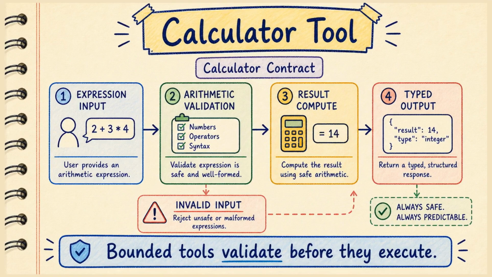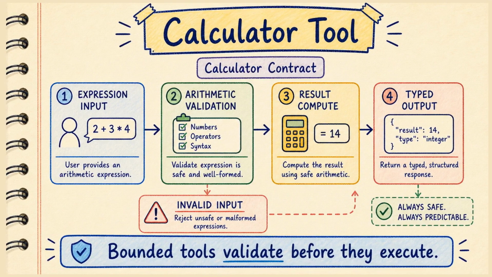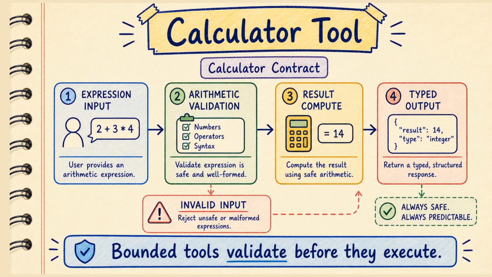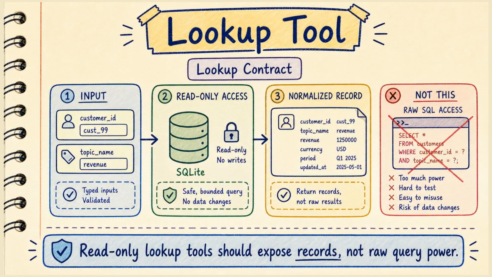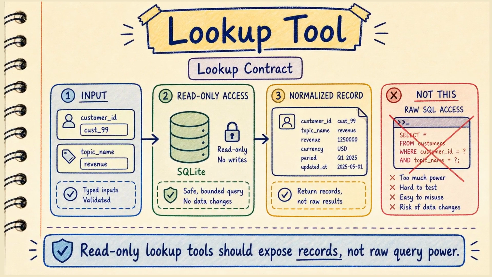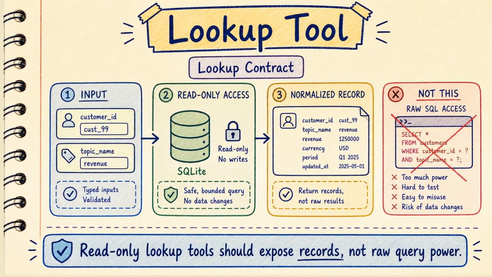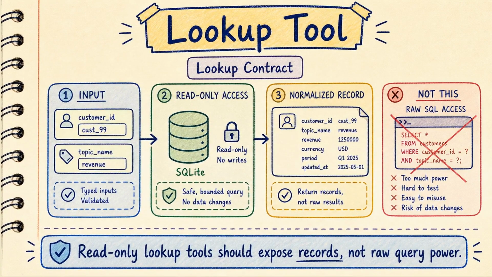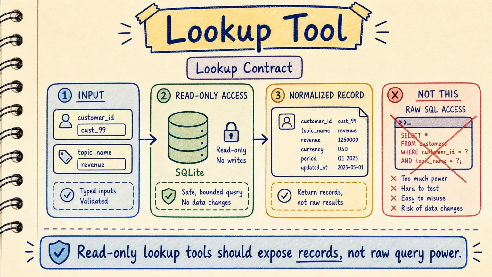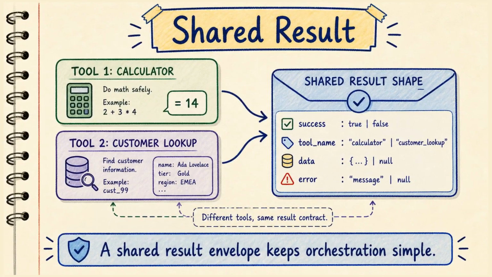Our calculator tool is the simplest example of bounded capability. It accepts one expression, validates that the input is arithmetic only, computes the result, and returns a typed success or error payload. Our second tool is a small knowledge lookup or SQLite database reader. It accepts a narrow query like customer.id or topic.name, returns normalized fields, and never exposes raw unrestricted query power to the agent.